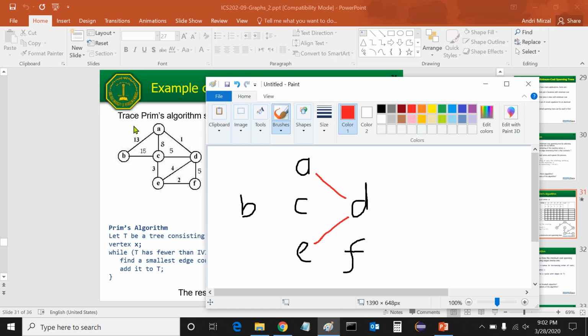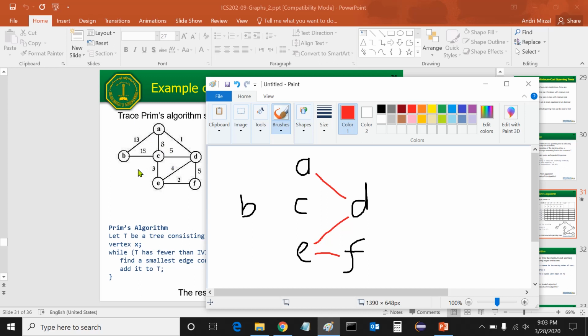So what we have will be these edges: 13, 8, 5, 3, 2, and 5. So the minimum one will be 2. That's why we need to draw that edge. After we do that, the next cutting will be the one that separates A, D, E, F from B and C. So that will be this cut.